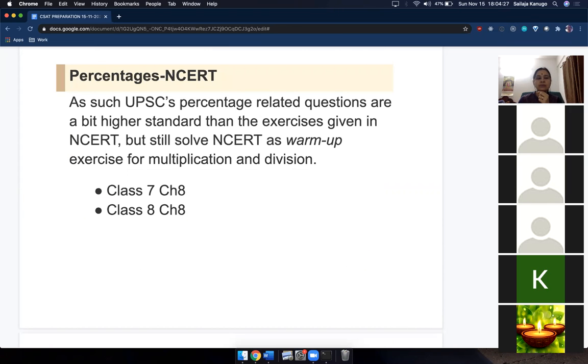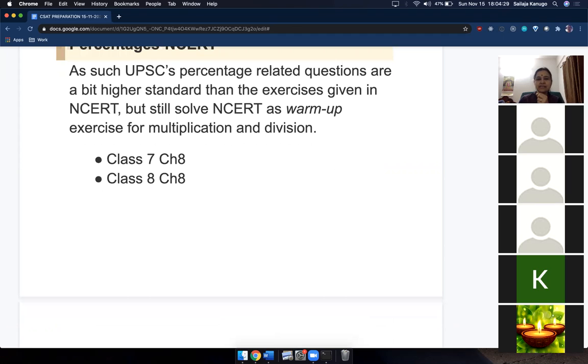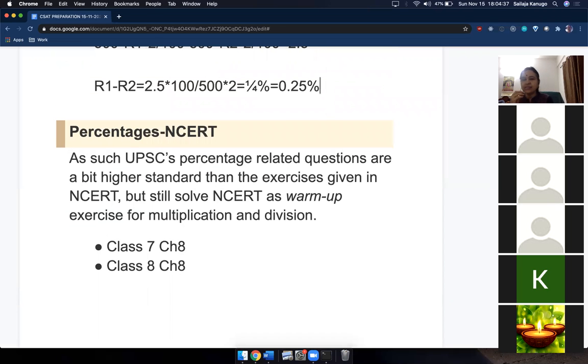Now, coming to percentages, you can note down: do class 7 chapter 8 and class 8 chapter 8 for percentages from the NCERT textbook. Slightly twisted and higher standard questions will be there, but this would definitely help you.